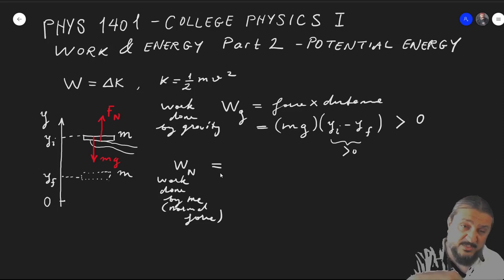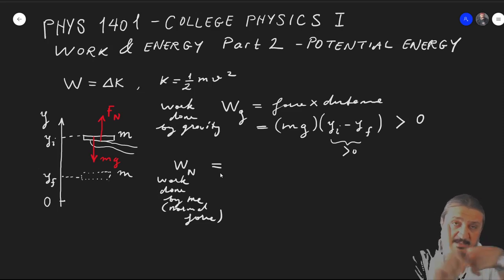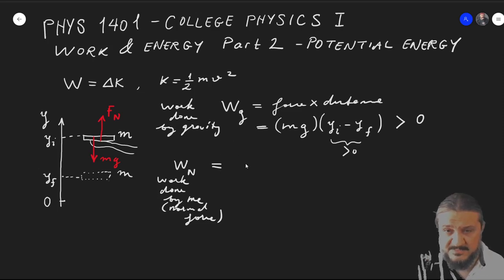The displacement is still downward, so the two vectors are 180 degrees apart. Cosine of 180 is negative 1, so this work will be negative. This is going to be negative Fn times the displacement.